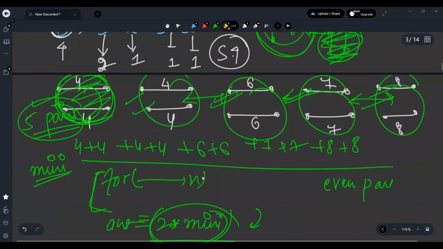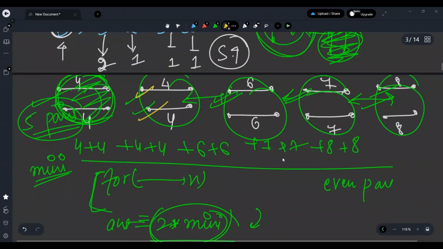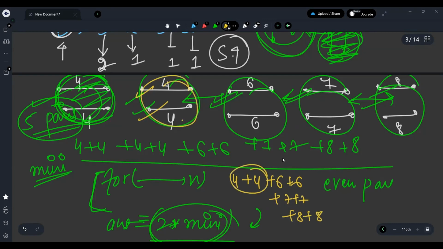So what I have seen is that if I create the pair, I will add this 4, 6, 7, 7 and 8, 8. So whenever I add the pair, we have to multiply it by 4 to get the maximum part.